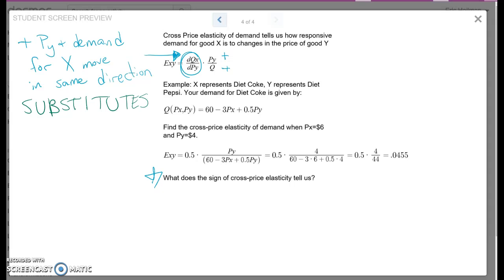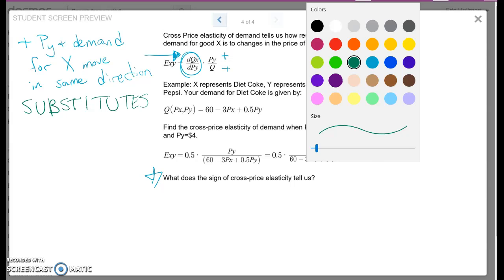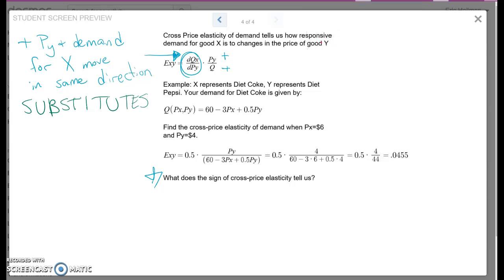So then, obviously, if the price of another good and the quantity of the good we're looking at move in opposite directions, that means the derivative is negative.